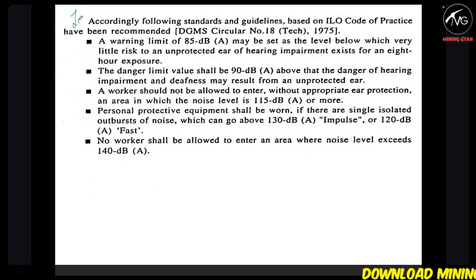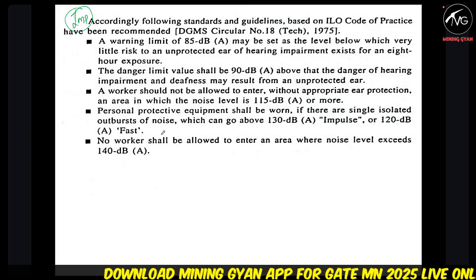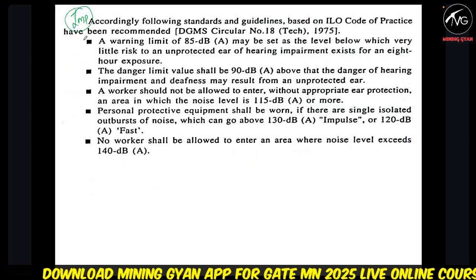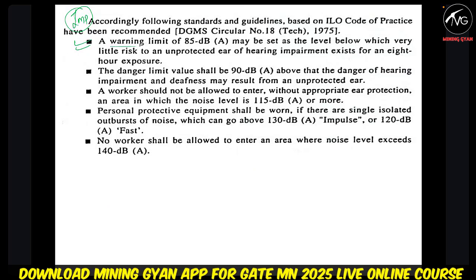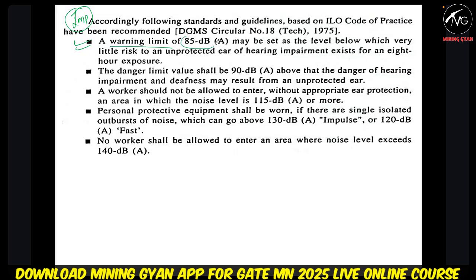This chart is very important. The limit is 85 decibel. We have seen this limit in the WHO also. The warning limit is 85 decibel, may be set to the level below which there is very little risk.